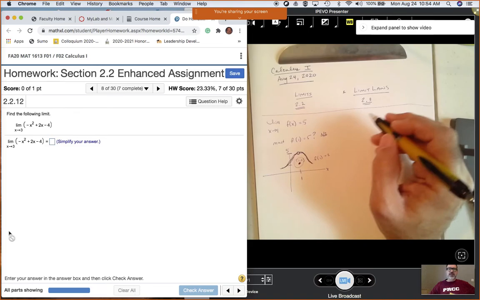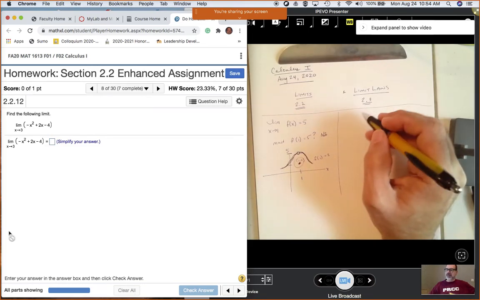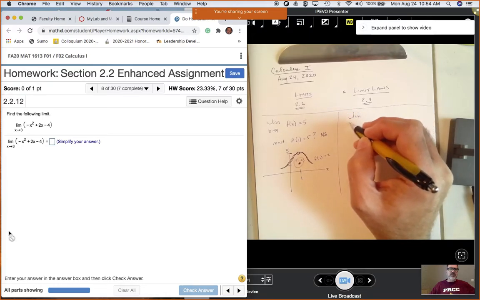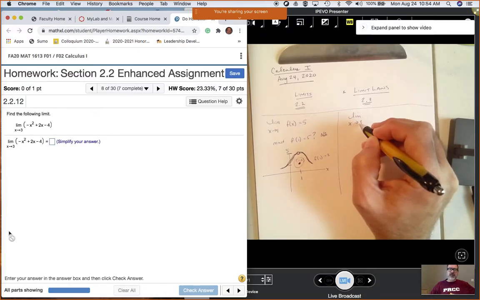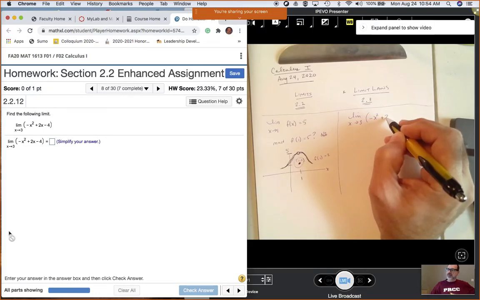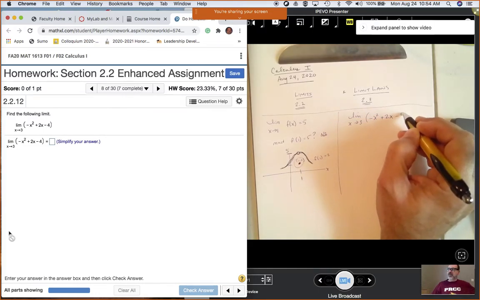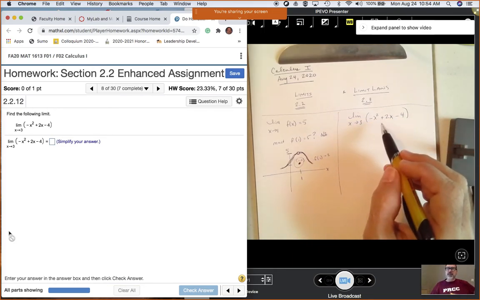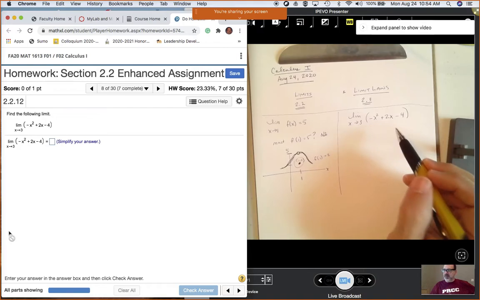So this next question says, find the limit as x approaches 3 of the function negative x squared plus 2x minus 4. Well, this function is a quadratic. We know quadratics are parabolas. They don't have any holes in them. They don't have any asymptotes that we have to worry about.